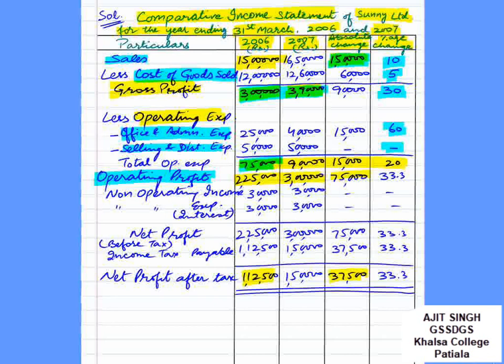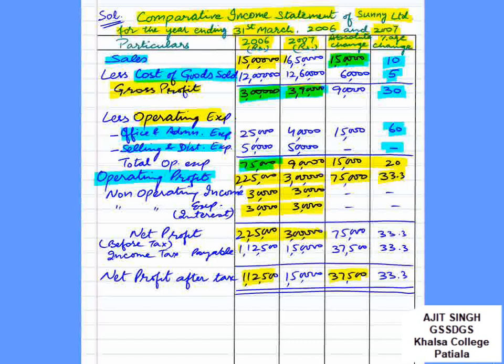Thus there is increase by rupees 75,000, which comes to be 33.3%. Firm has non-operating income which is constant, and firm has non-operating expenses also, they are again constant. Non-operating income and expense are not going to change the firm's net profit. This is same as that of operating profit.